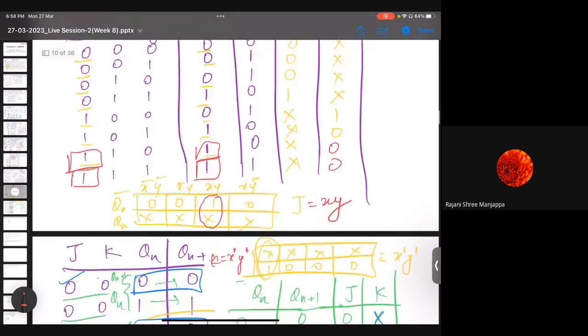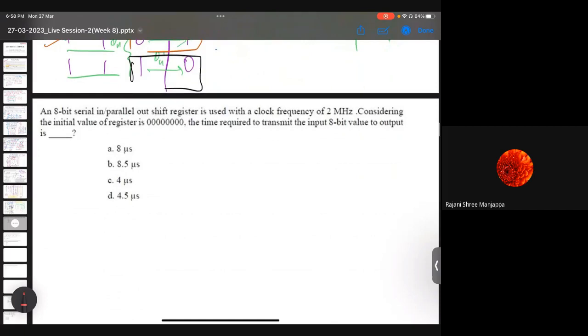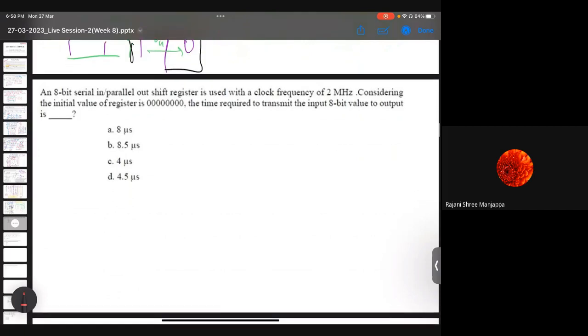Okay, fine. So if you have understood the concept, this is a basic question. It says it is an 8-bit serial in parallel out shift register. It has a clock frequency of 2 megahertz, and the initial value of the register is 8 times 0.